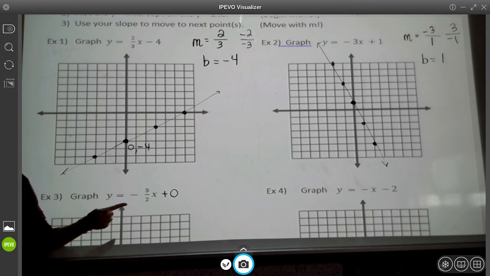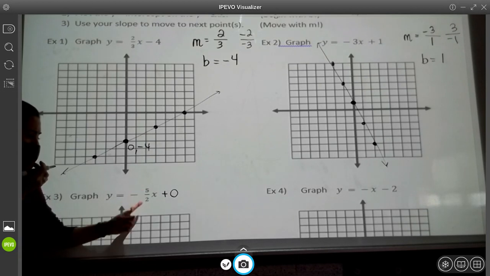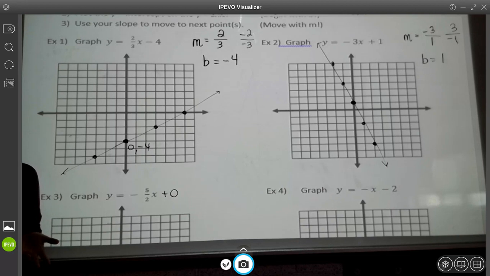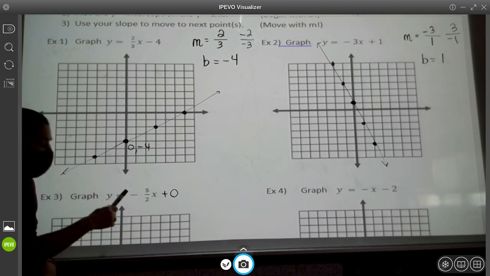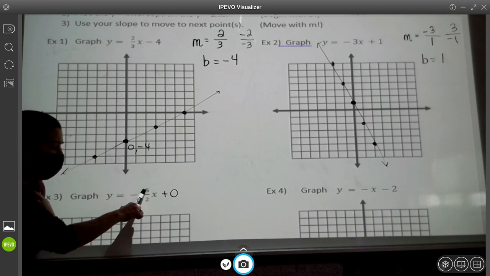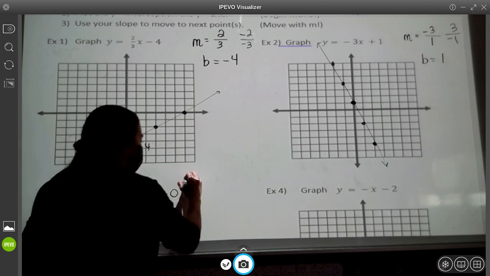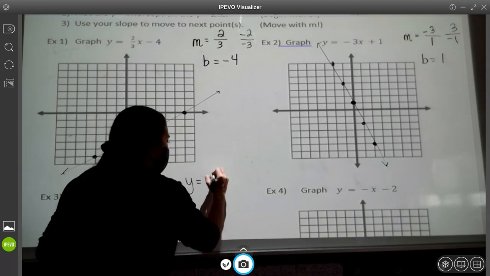So a lot of students will look at that and think, oh, wait a minute, who's negative, the 5 or the 2? Technically, it's your choice. You can pick either one of them to be negative. You just can't make both of them negative because a negative over a negative isn't negative. So I just get in the habit of always giving it to the top number. So I always think of that as y equals -5 over +2 times x and then +0. I give it to the top.